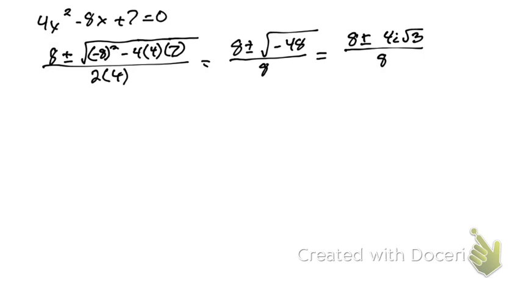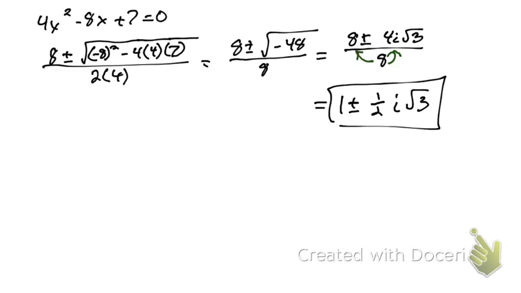You could go one step further. So our correct answer for that one should have been 1 plus or minus 1/2 i square root of 3. Is that what you ended up getting? Yeah. Okay, yep, that is correct.